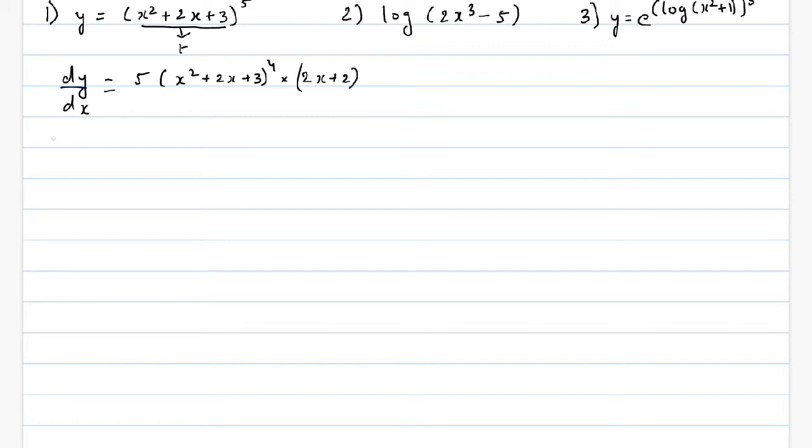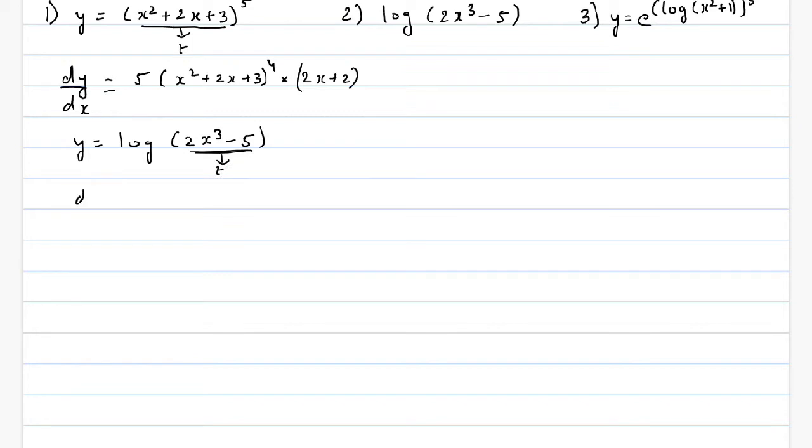Now for the second one, we have y is equal to log of 2x cube minus 5. Here again you can see this part is one function and log is another function. So I can again name this as t.